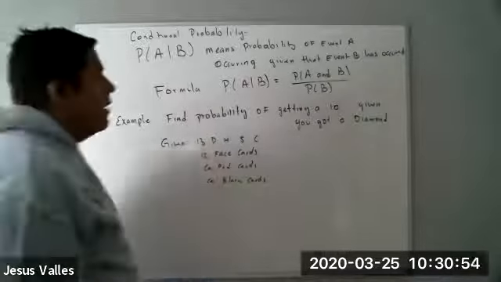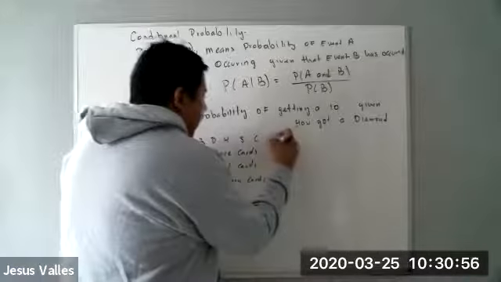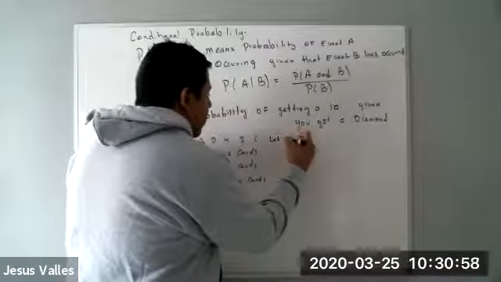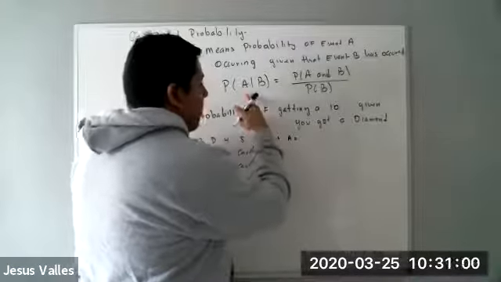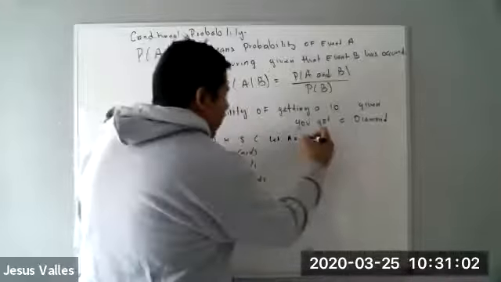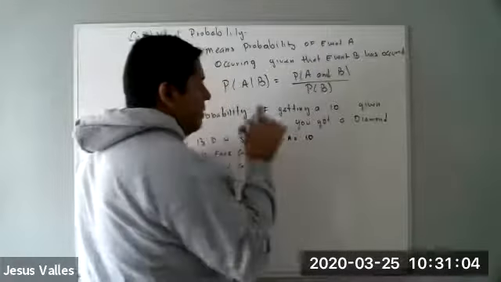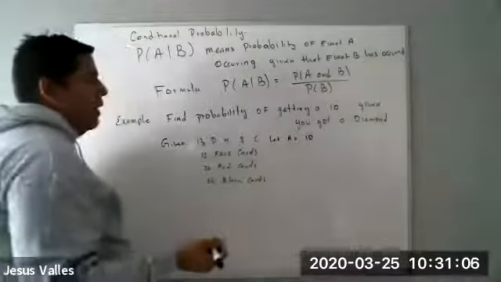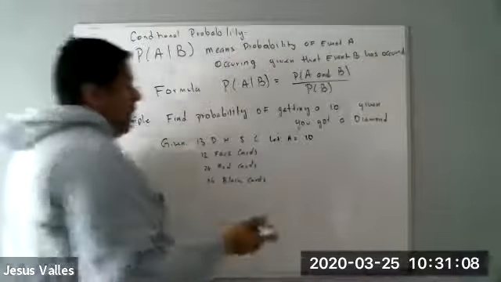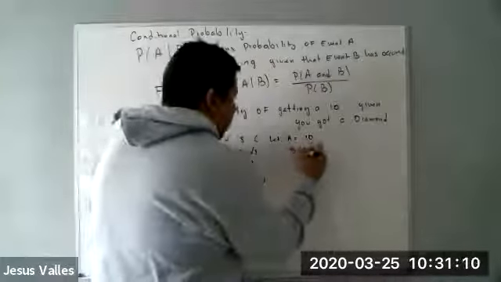So we're going to once again let A equal whatever is before given. So in this case, it's 10. Anything that comes after given will be represented by event B, and in this case event B equals diamond.